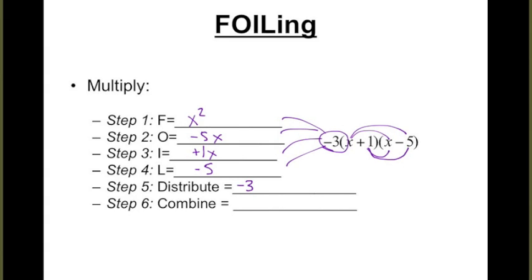So that gives us negative 3x squared plus 15x minus 3x plus 15, multiplying each of those answers by negative 3. And then combine any like terms. So the middle two are like terms, which combine to give a positive 12x. Questions?